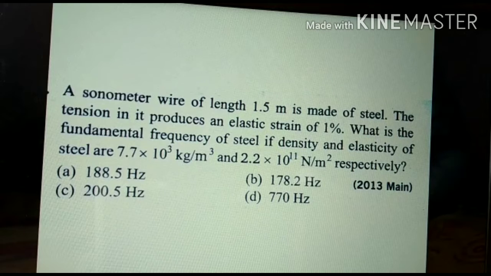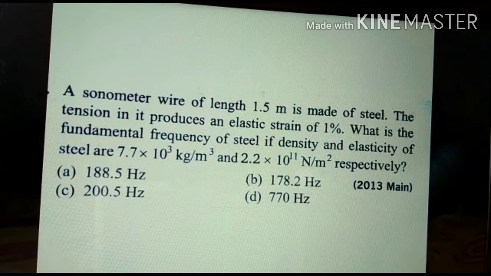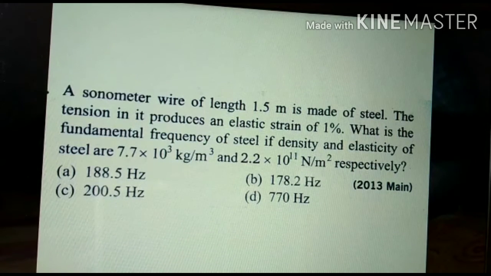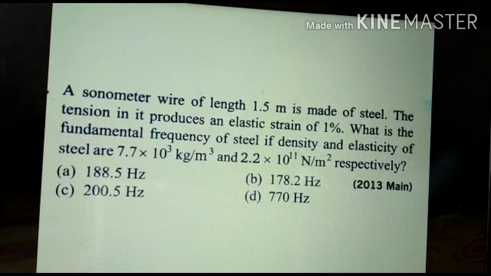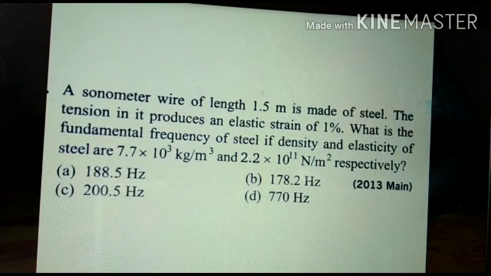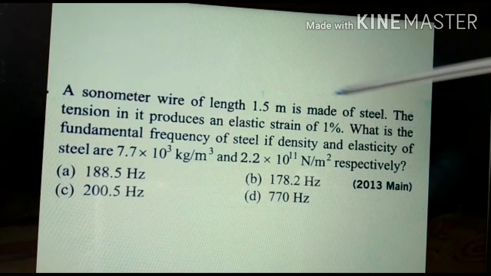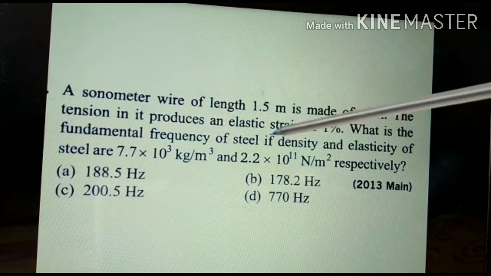First, I will tell you what information is given. It is a sonometer. You might have known the sonometer, you have finished 11th. The wire is there, length is given, 1.5 meter. It is steel. The tension produces an elastic strain.